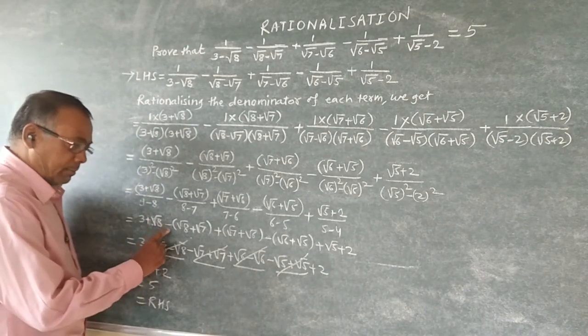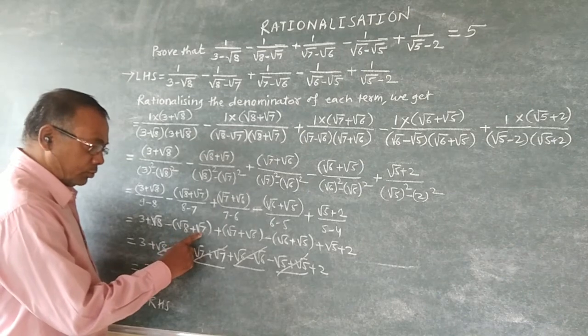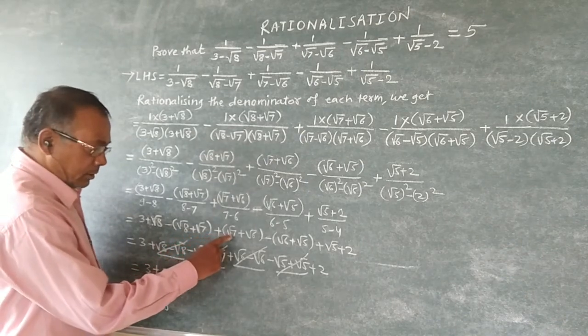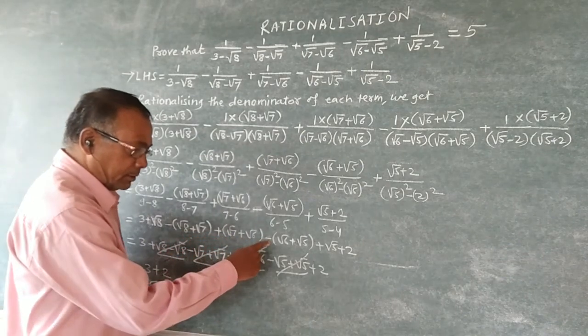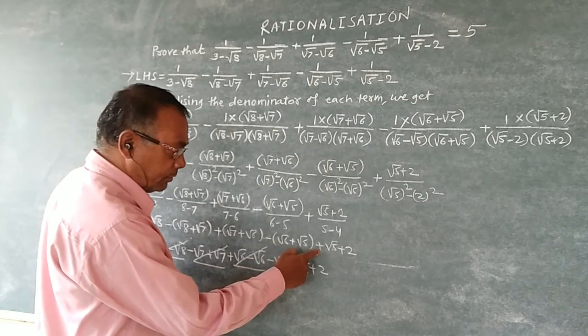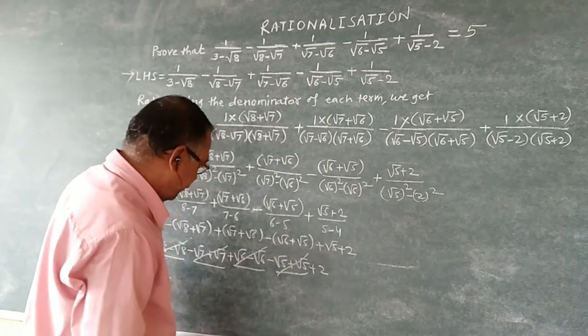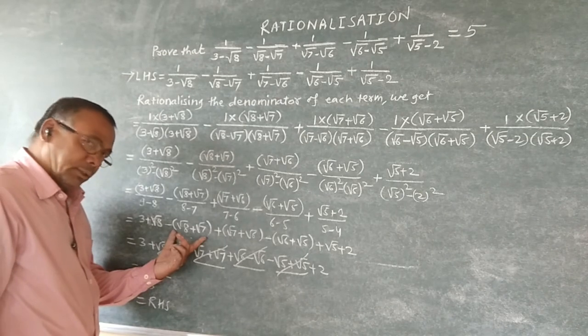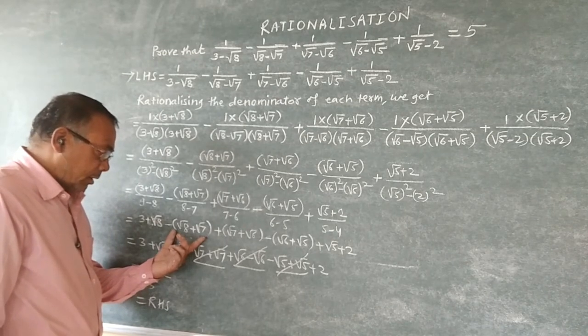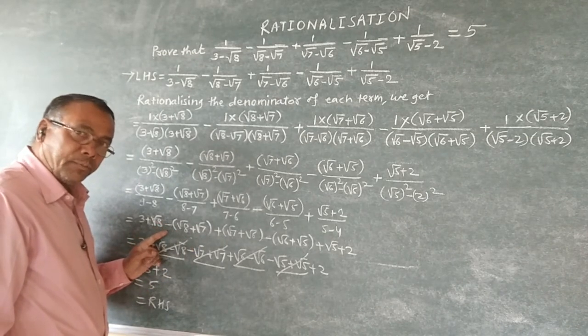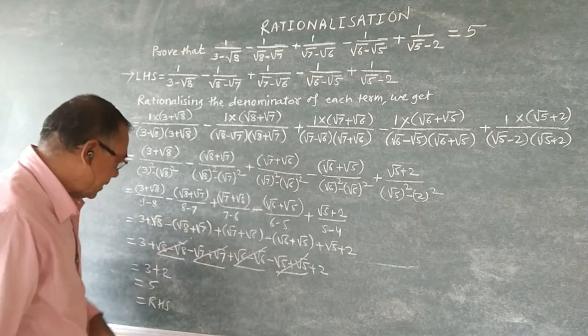And therefore we get 3 plus root 8 minus into bracket root 8 plus root 7 plus root 7 plus root 6 minus root 6 plus root 5 plus root 5 plus 2. Here, for the brackets out of which a minus sign is there, the inner signs will get changed.